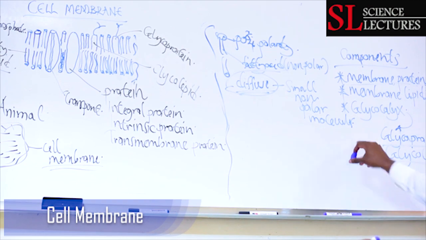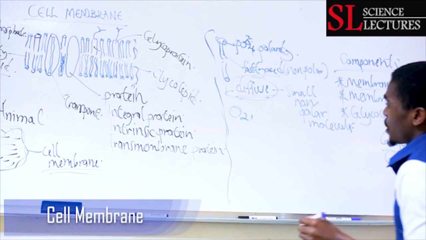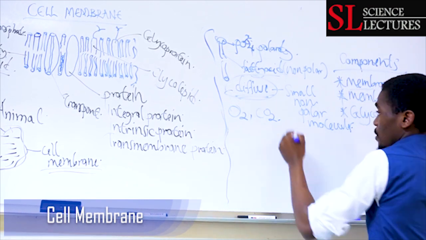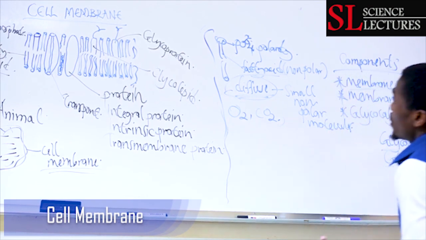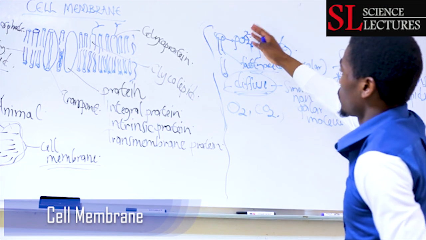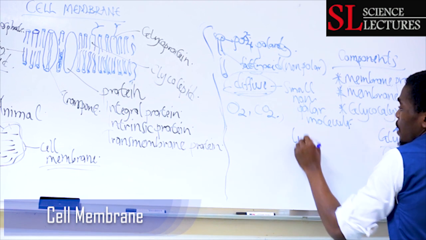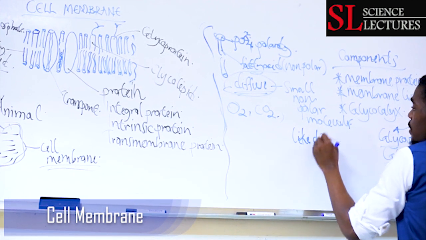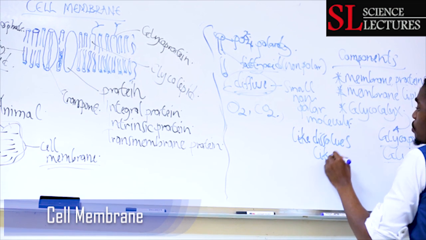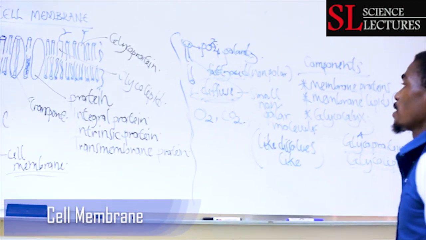What are examples of these small non-polar molecules? We have oxygen, a molecule that is non-polar and very tiny. Then we have carbon dioxide. It also diffuses via the cell membrane, with the aid of the fatty acids of the phospholipid bilayer, because these fatty acids are non-polar, and we know like dissolves like. So a non-polar molecule will aid the simple diffusion of another non-polar molecule.